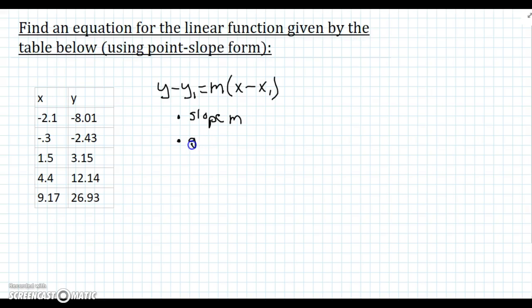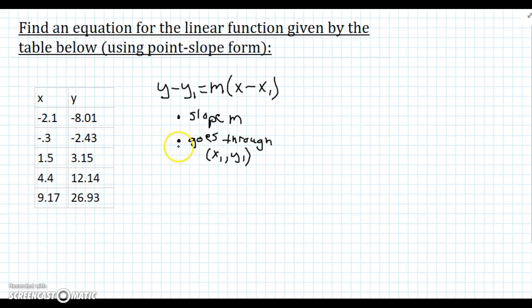And it goes through the point x sub 1, y sub 1. That represents any point you want to use on the line. And that's another weird idea, that you can just throw any point into this equation, and somehow it makes an equation that would graph and go through all these points.